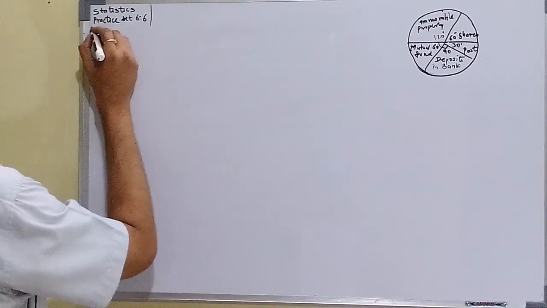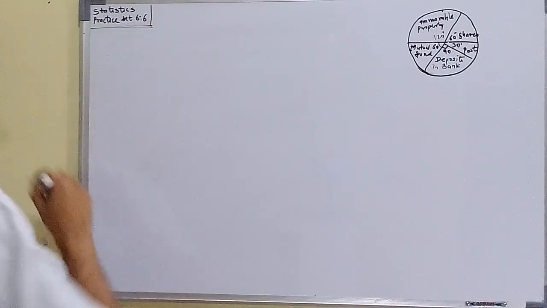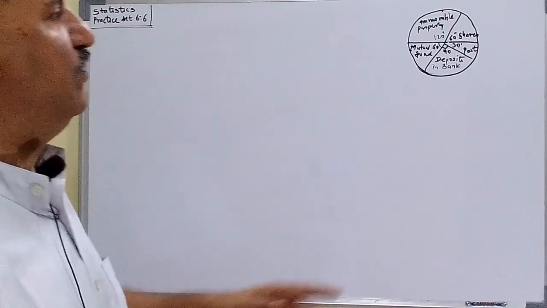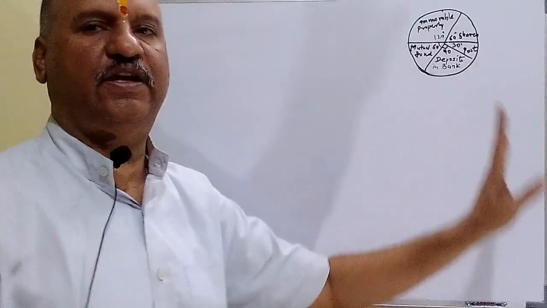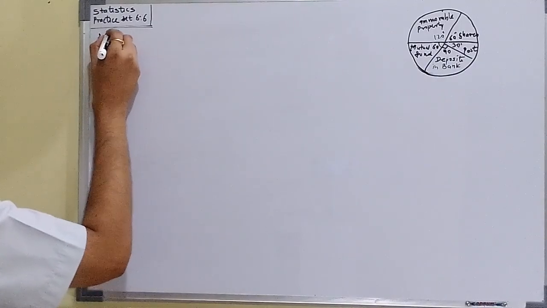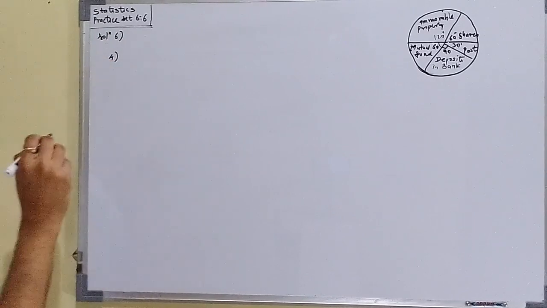So question number 6, sub question 4. What is the question? How much amount is invested in post? How much amount have they invested in post? We have to find this. Solution 6 and this is 4.